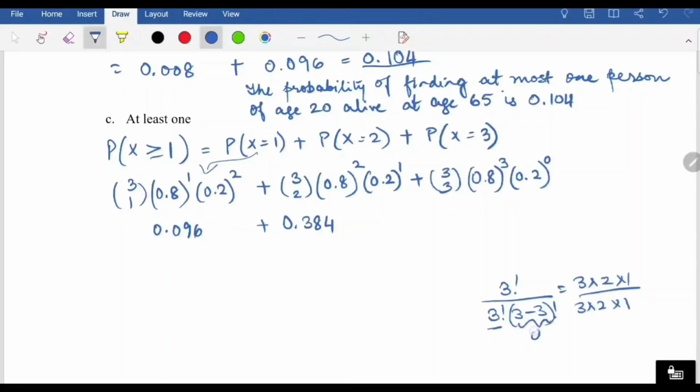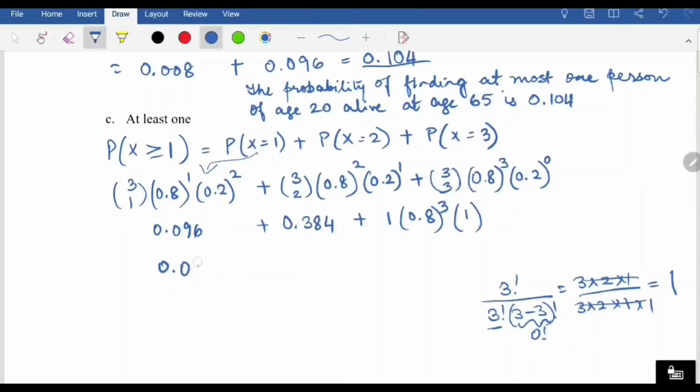And 3 minus 3 is 0 factorial, which is a 1, which will give us a result of 1. So again, as when we were calculating binomial coefficients, when n and k are the same values, then the answer is always going to be a 1. All right, so plus 1, 0.8 cubed, and 0.2 raised to the power 0 is a 1 as well.